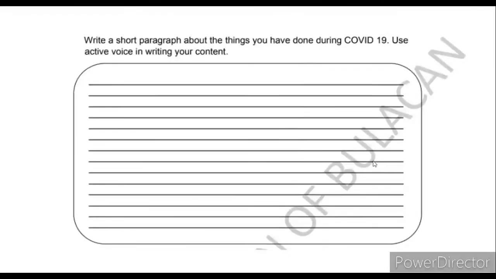It can be things you have learned, like learning how to cook, learning how to play a game, or learning some things. Or it can also be getting closer with your family during this time while you stay at home. Also, in constructing your sentences, make sure that you use active voice.